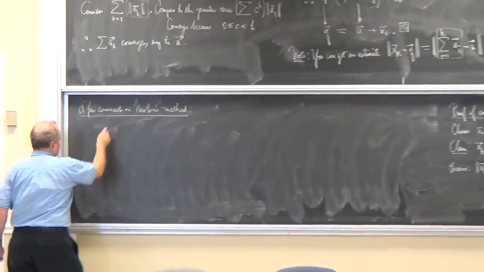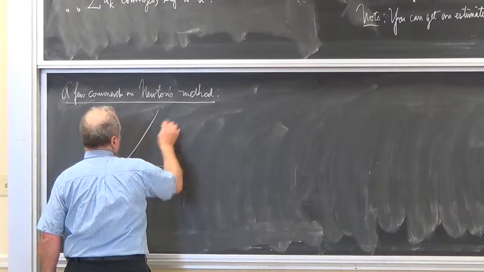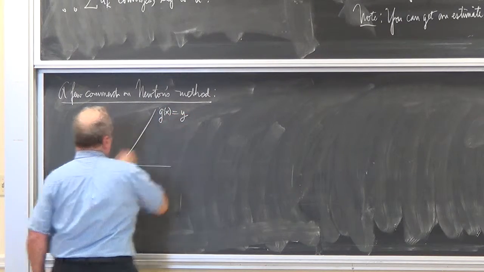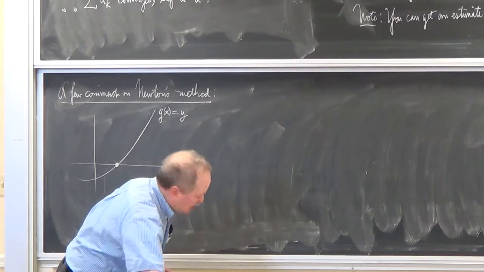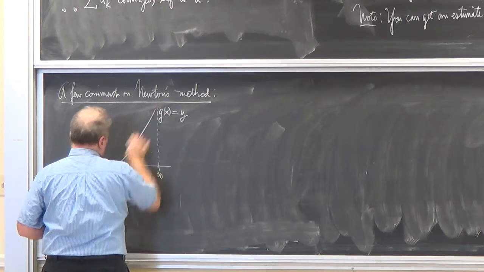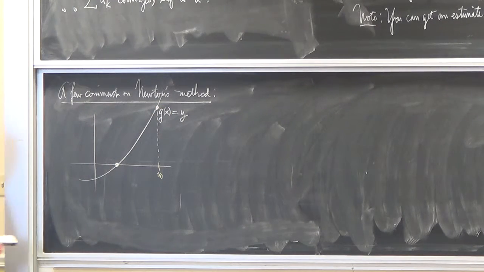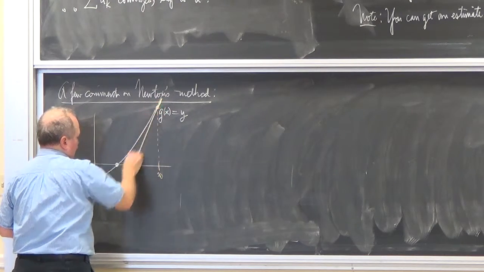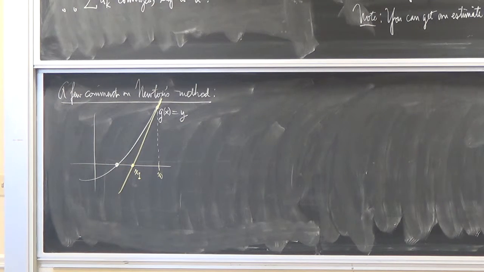So remember we had this picture that you had some differentiable function g, and you're looking at its graph and you're trying to find a root, and what we said is you start at an arbitrary point x naught and you look at the tangent line to the graph at that point on the graph, and you define x1 by seeing where that tangent line intersects the x-axis.